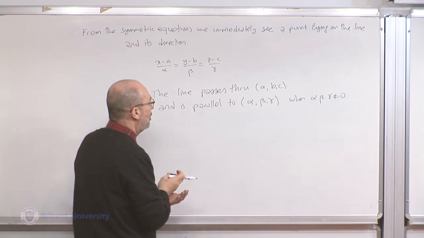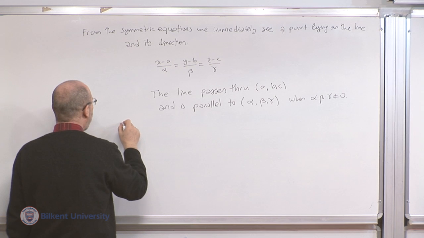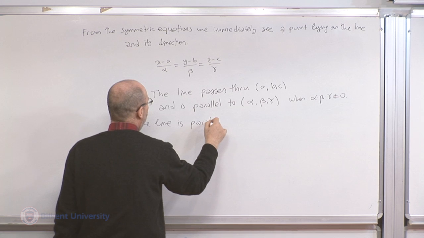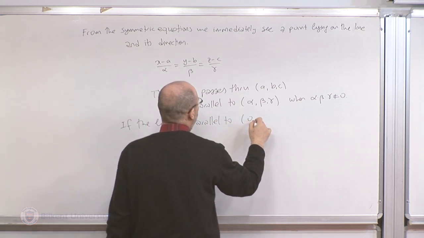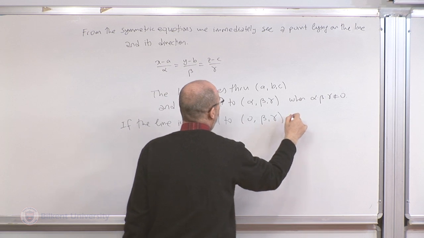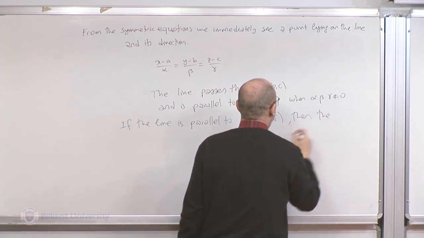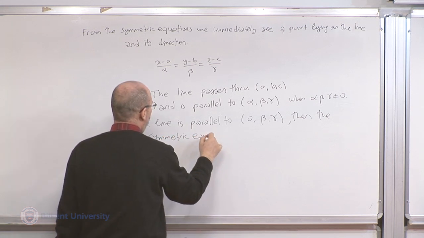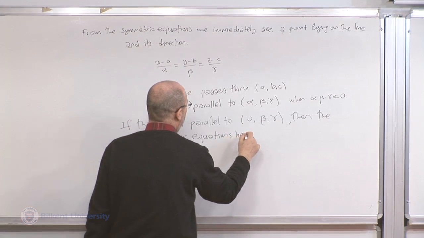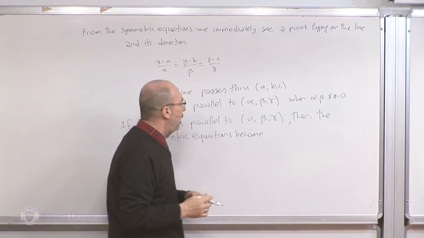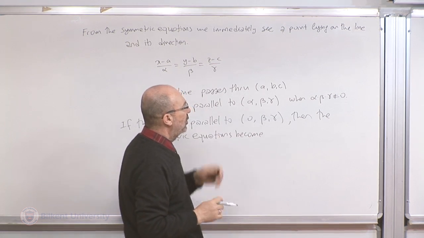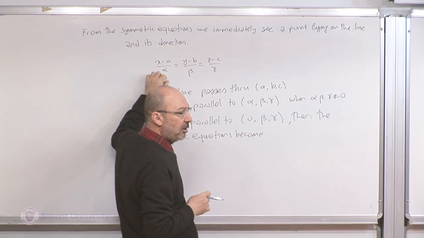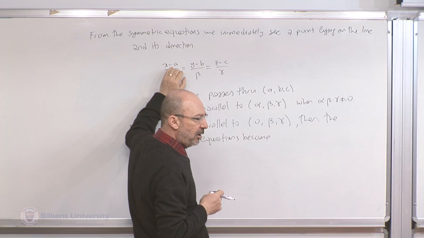If one of them is 0, say the line is parallel to (0, beta, gamma), then the symmetric equations become, as I explained over there, when alpha is 0, x equals a plus alpha times t, but alpha is 0, so you don't bother eliminating t there.